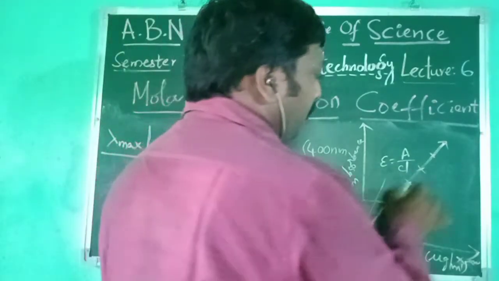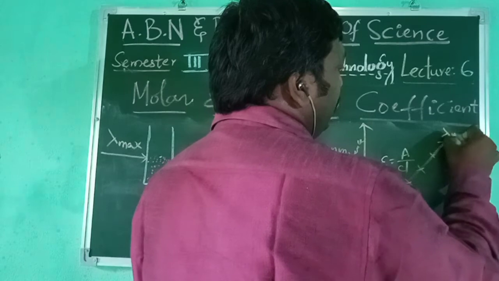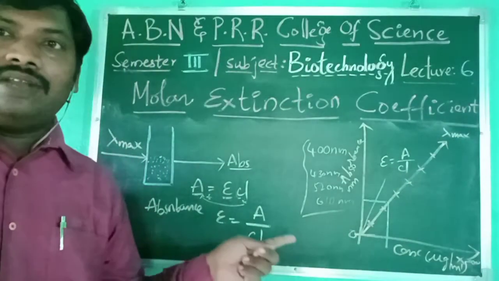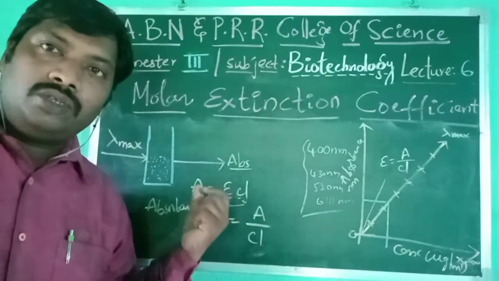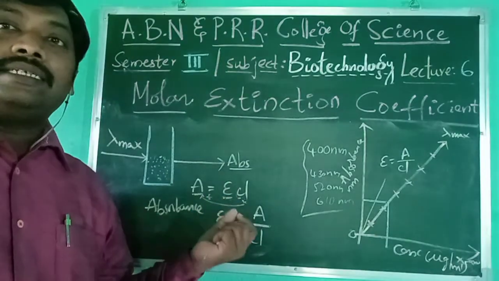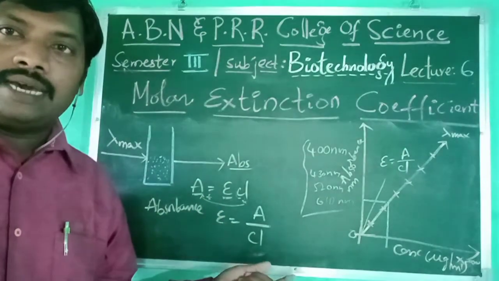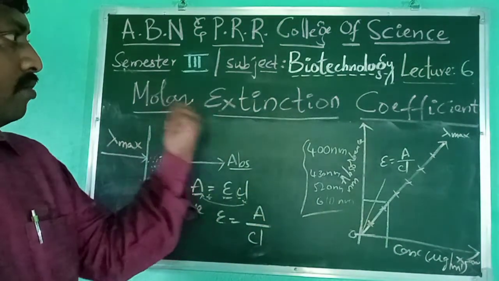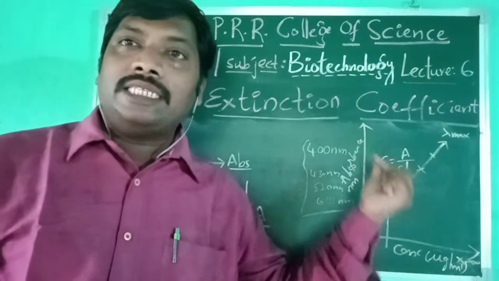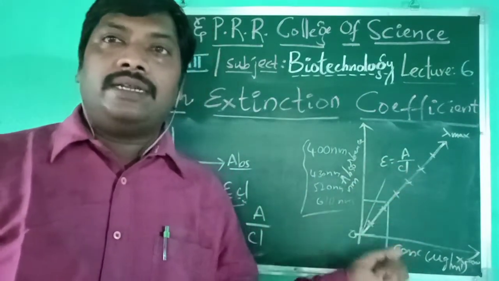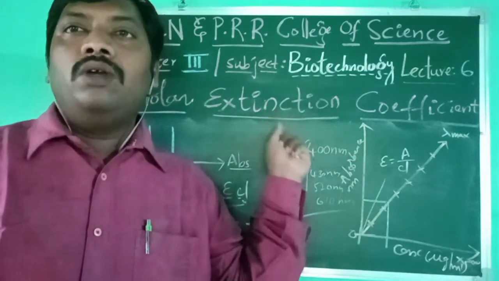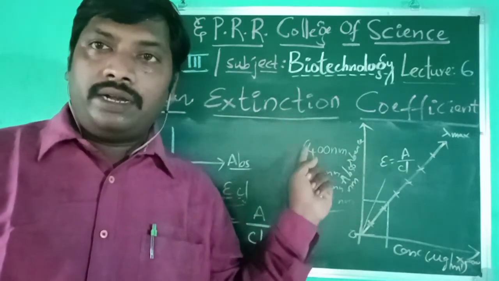Here the corresponding plot is called lambda maximum, the wavelength selector, by which we choose the concentration of the samples. Finally, the molar extinction coefficient can explain the graphical representation of the sample using the colorimeter or spectrophotometer.